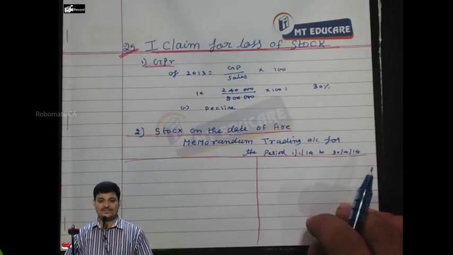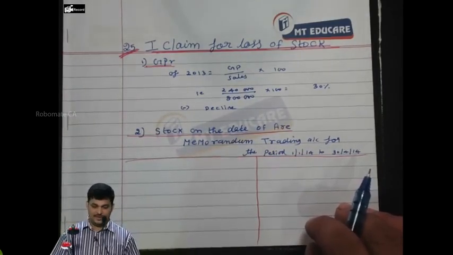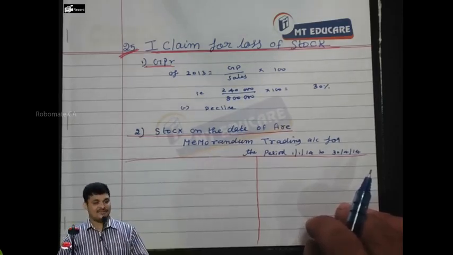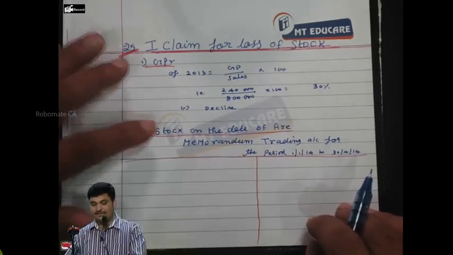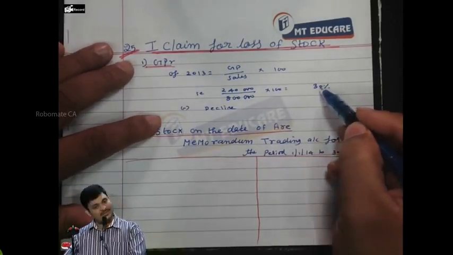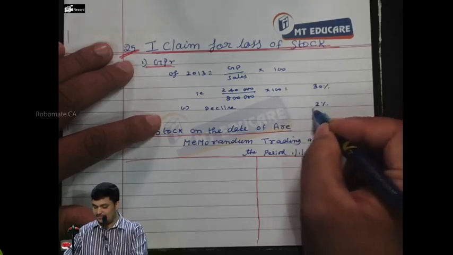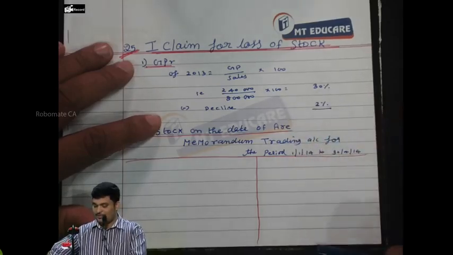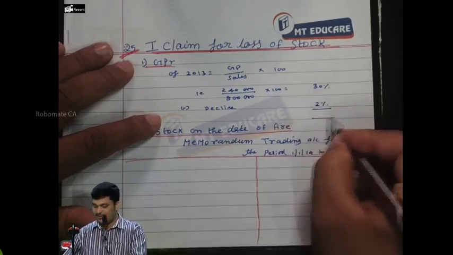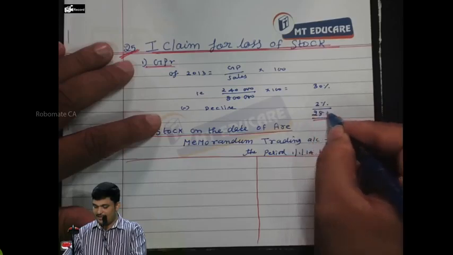So profit is 2% of sales, which means profit itself is a rate on sales only, correct? It gets declined by 2%. This 30% is the profit on sales. So in that there is a decline by 2% because of gross profit, wages got increased. This will become 28%.